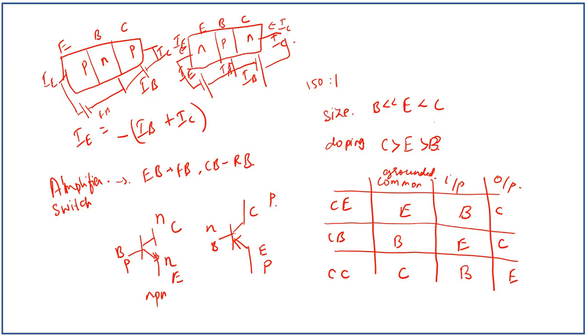First we'll see the common emitter configuration, where the emitter is grounded, input is in the base, the emitter base junction is forward biased and the collector base junction is reverse biased. So this is common emitter configuration, emitter, base and collector.